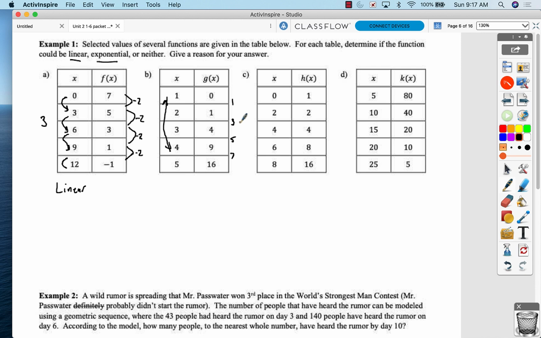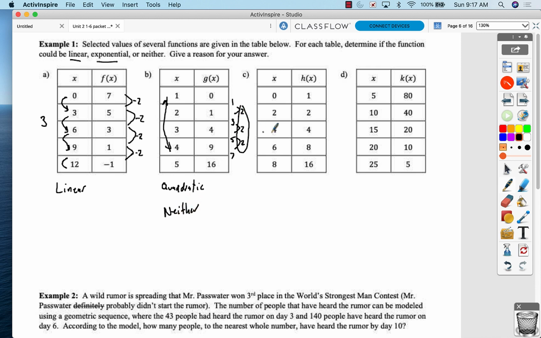Okay, that's going up 1, that's going up 3, that's going up 5, this is going up 7. So it's not linear. Now if you notice from unit 1, if you get these subtractions real quick, you'd know that this is a quadratic. Now they didn't ask us for quadratic, but they said linear or exponential. This is neither.